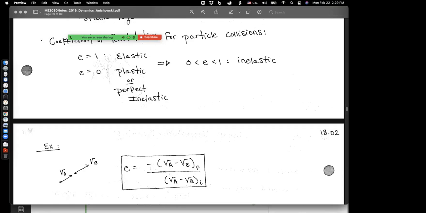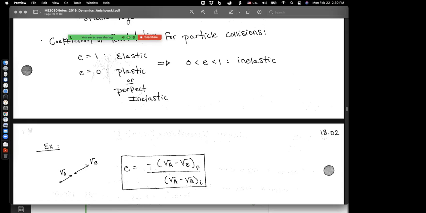The velocity of A with respect to B. Exactly, right. So it's just the relative velocity. So this is the velocity of A with respect to B. This is basically the velocity of B with respect to A, or negative of the velocity of A with respect to B. So in the denominator, you have the initial relative velocity. In the numerator, you have the final relative velocity with a negative sign, okay?